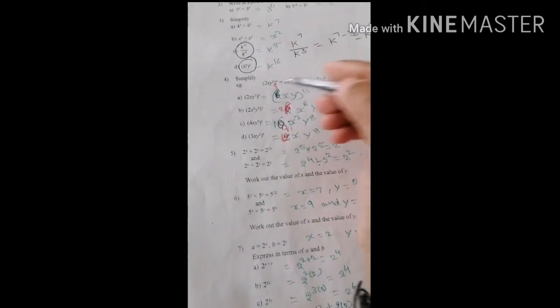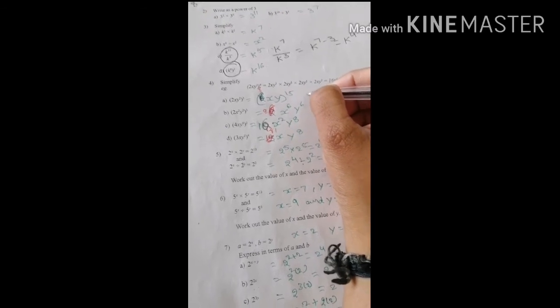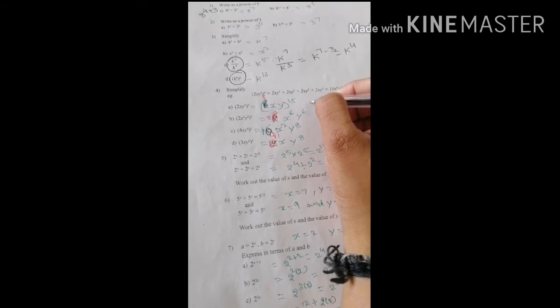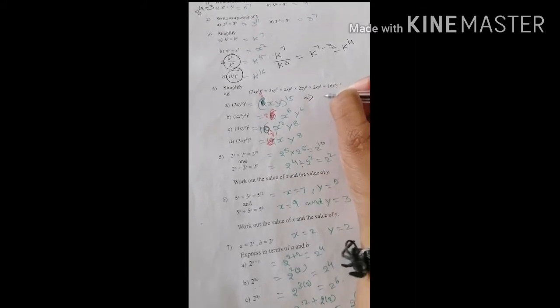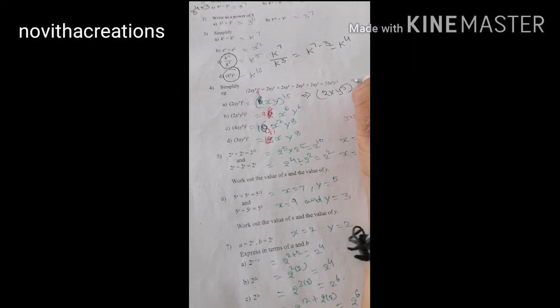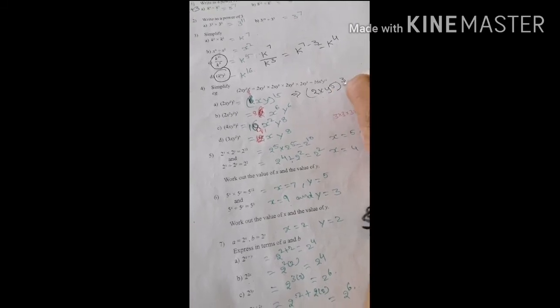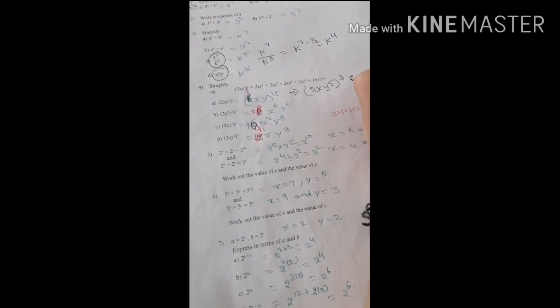And sometimes they will ask this type of question. Simplify (2xy to the power of 5) cubed. How can you do this? 2xy to the power of 5, cubed. 2 cubed means 8, so 8xy to the power of 15.